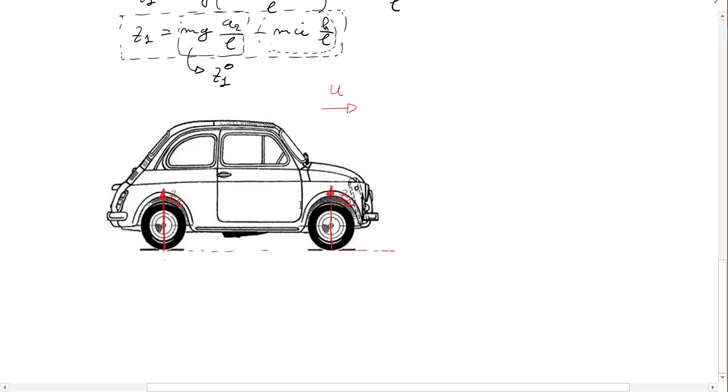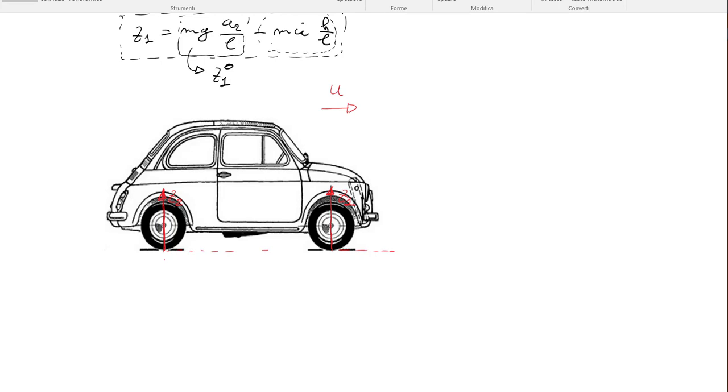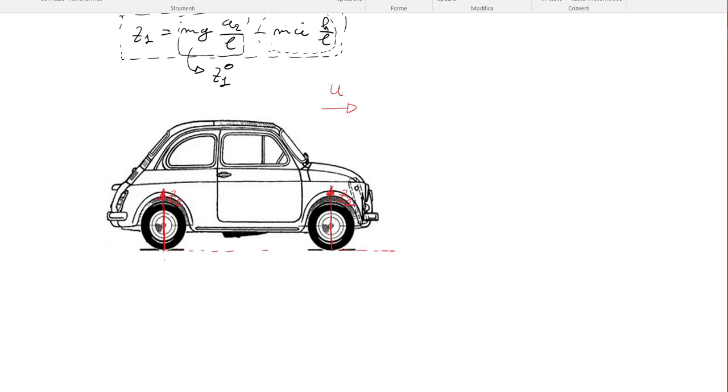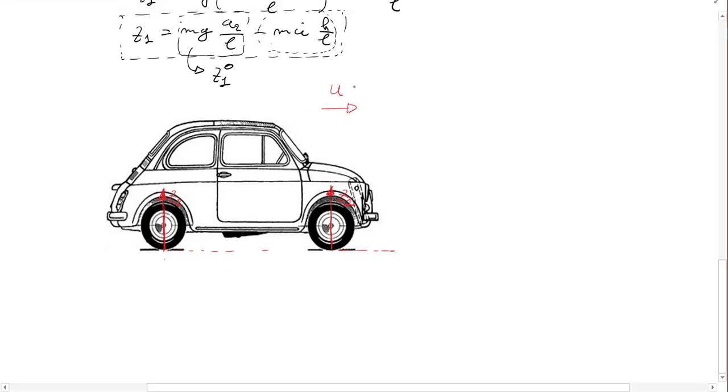Okay, so in the first part of this lesson we know the static load. So when the car is moving at a constant speed, let's assume that now the car is moving at a constant speed in this direction, to the right.